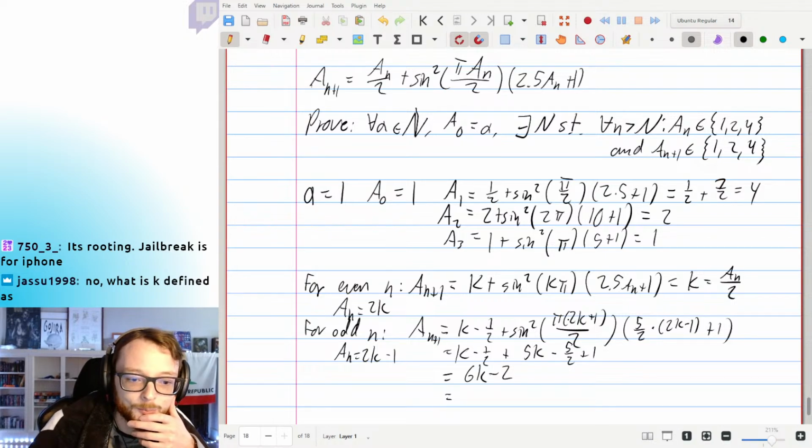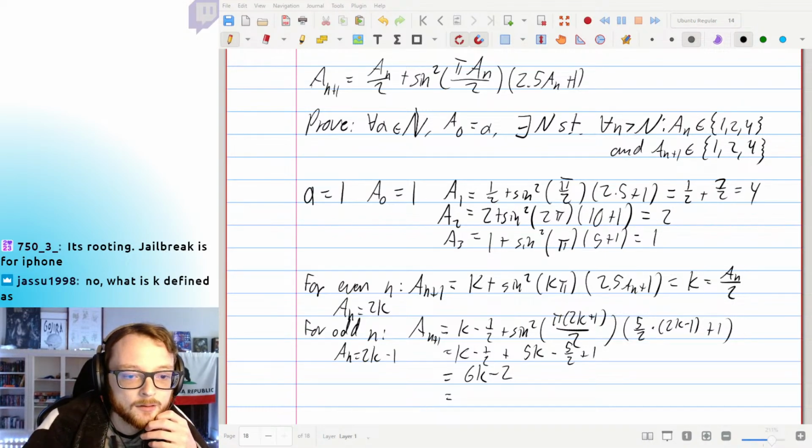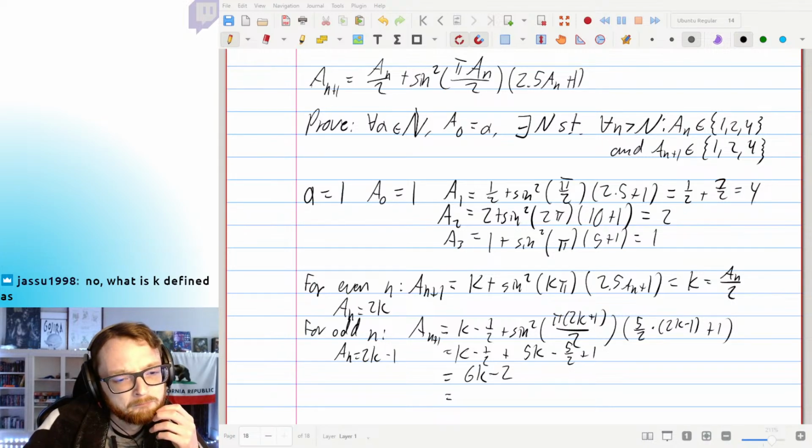I was just trying to prove that it is the exact same thing as the Collatz conjecture, just so I can see it. What do I expect?